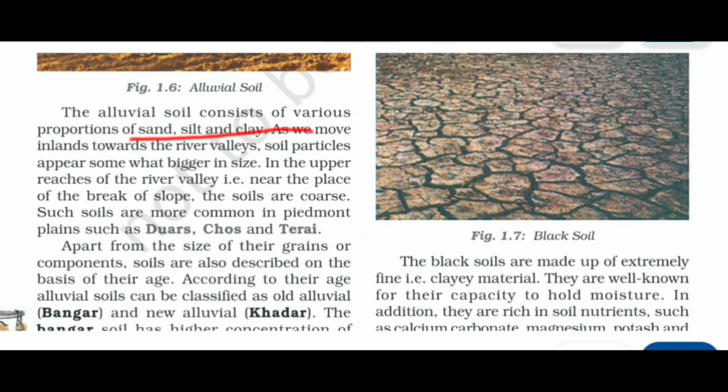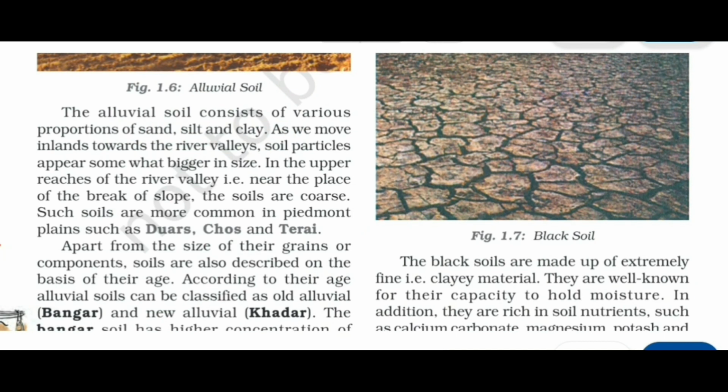As we move inlands towards the river valleys, soil particles appear somewhat bigger in size. So that means when you move towards the river valleys, we find there are some big pieces of soil.